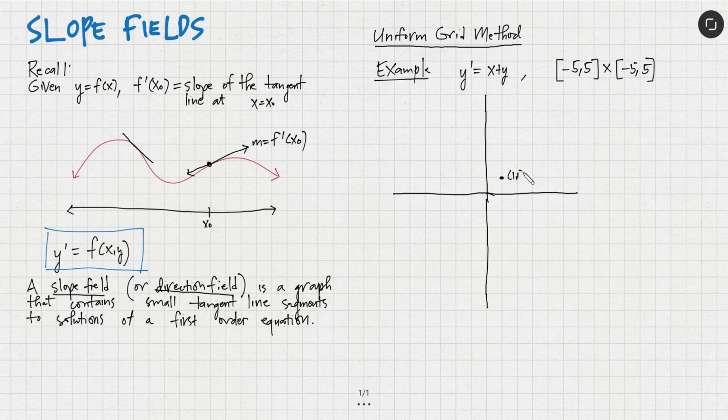And therefore, since y prime is equal to f of x, y, when x is equal to 1 and y is equal to 1, then y prime will just be equal to f of 1, 1. And f of x, y is given by x plus y, so yung y prime natin ay 2. So therefore, 2 yung slope dito. So let's draw a line segment with slope 2.